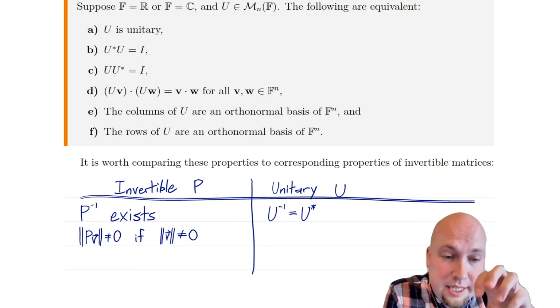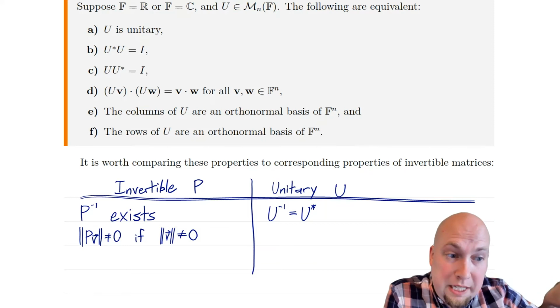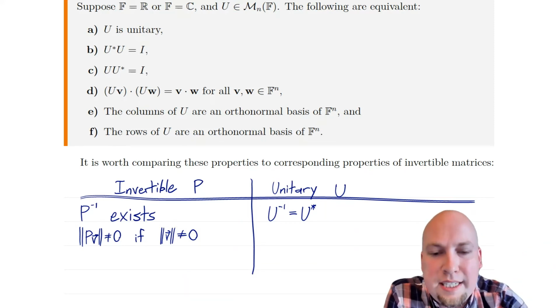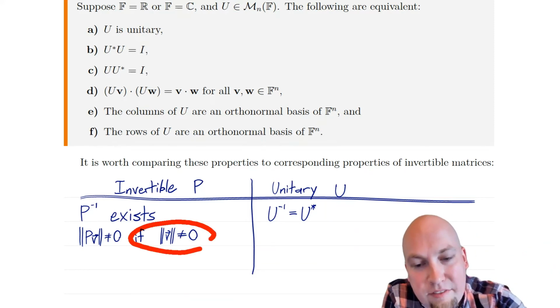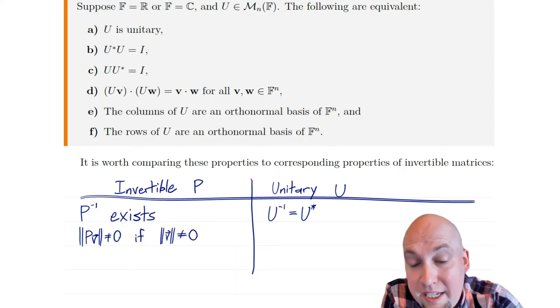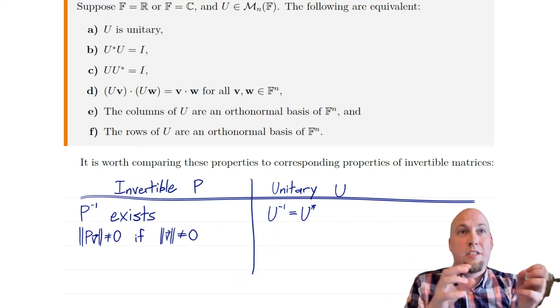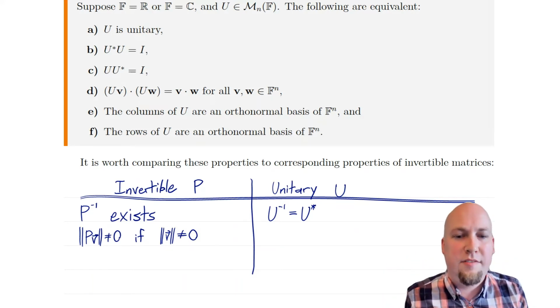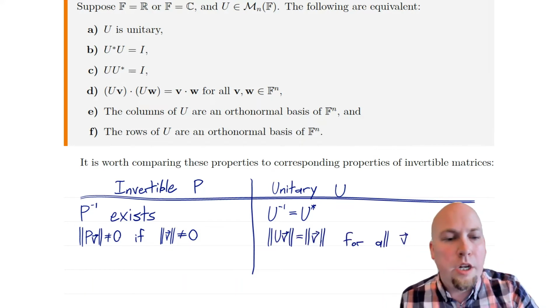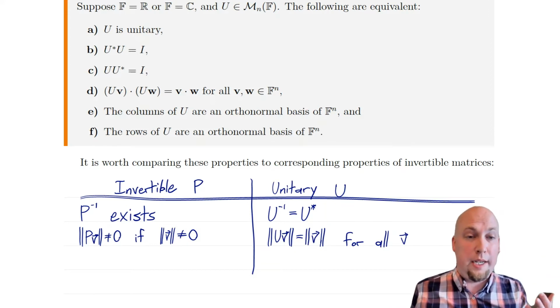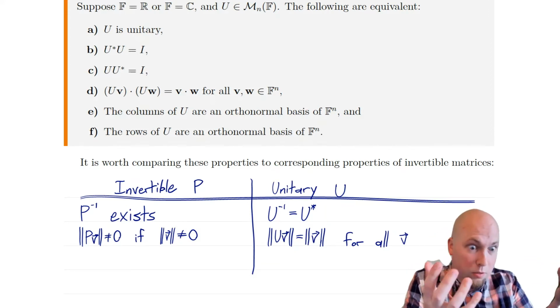The only vector that gets mapped to zero by an invertible matrix is the zero vector. So another way of phrasing that is, if the length of a vector is non-zero, then P keeps that length non-zero. So it doesn't necessarily preserve the lengths of vectors, but it preserves non-zero-ness of the lengths of vectors. Well, unitary matrices just take that one step further, and they really preserve the lengths or norms of vectors.